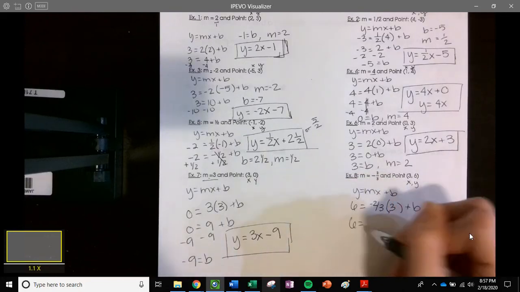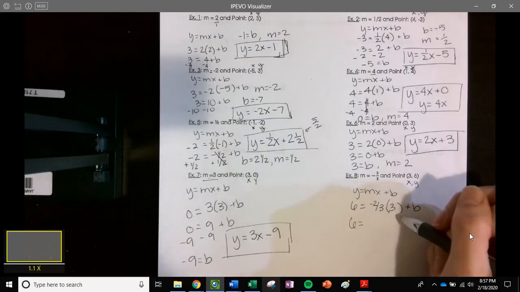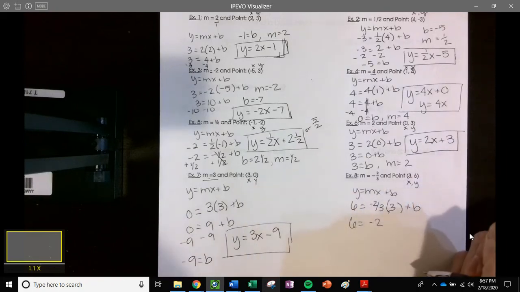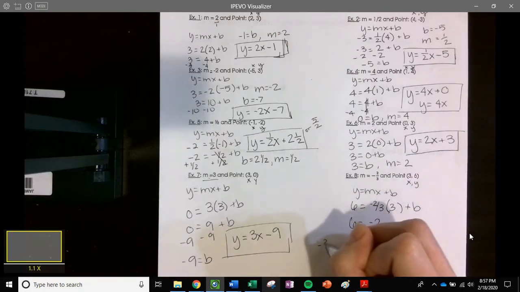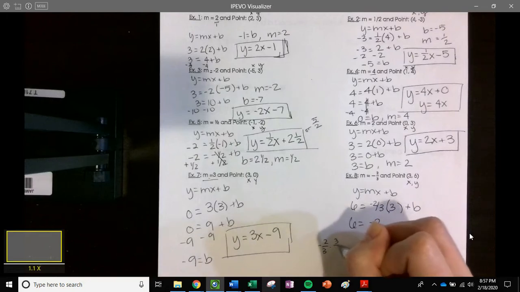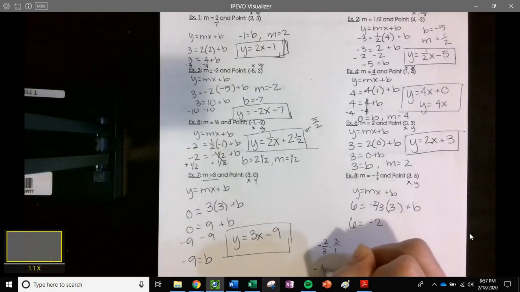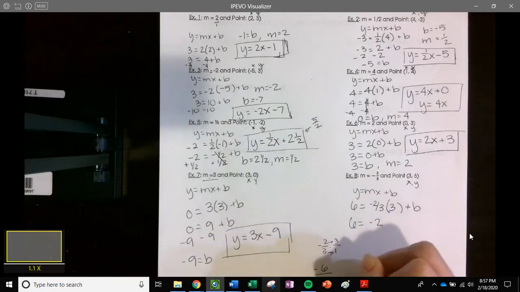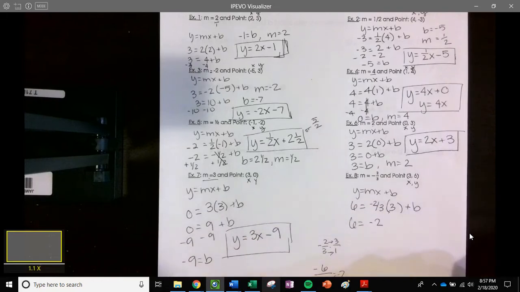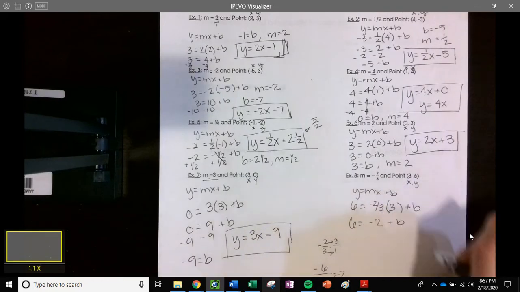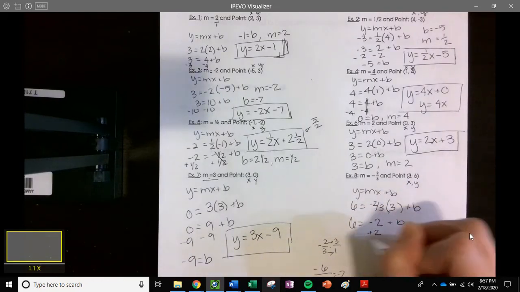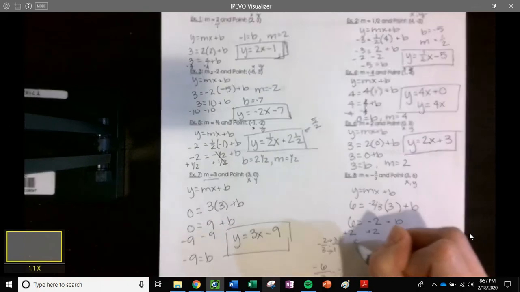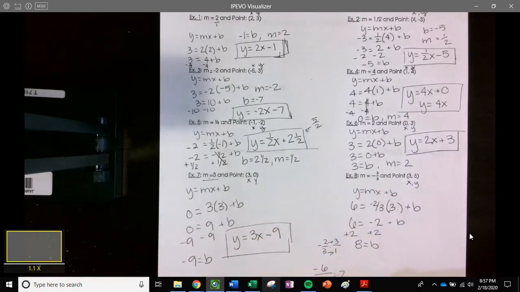So 6 equals -2/3 times 3 is going to be -2. How do we know it's -2? -2/3 times 3 over 1. Well, that gives me -6 over 3 because I multiply across and across. And -6 divided by 3 is -2. So -2 plus b. I will add 2 and add 2, and that's going to give me 8 equals b.